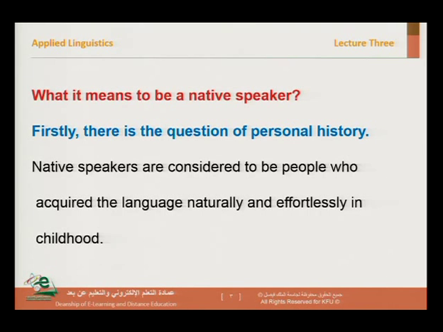Learning is a conscious process. You come to class, you want to learn a language, and then you are taught that language. Acquisition is, on the other hand, unconscious, effortless, as they said here, and it is happening all the time.